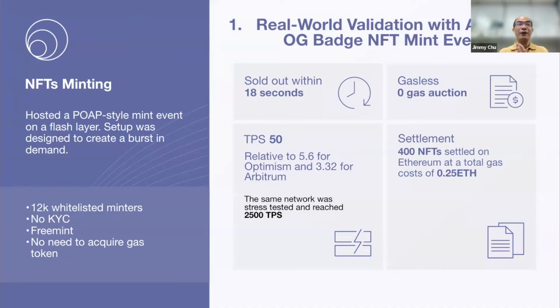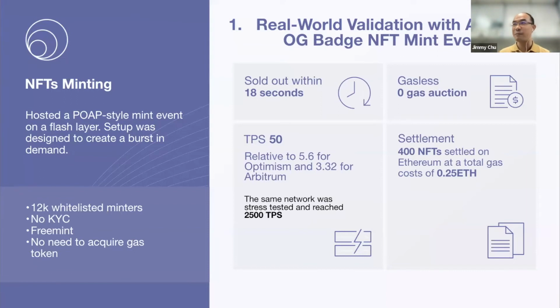So we have been doing our own minting. Since we mentioned that there are a few NFT mint events that are spiking up the fees and also affecting the finalizing time, we hosted a POAP style mint event. We are issuing 400 NFTs.